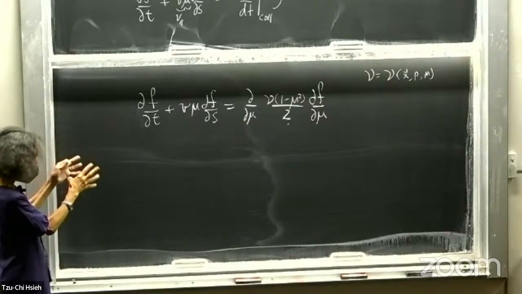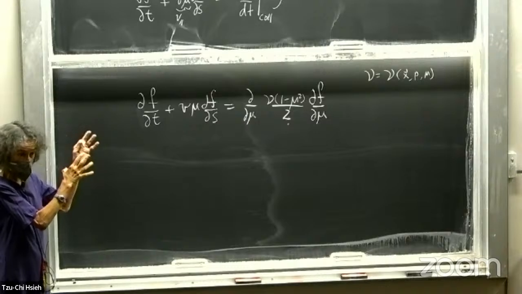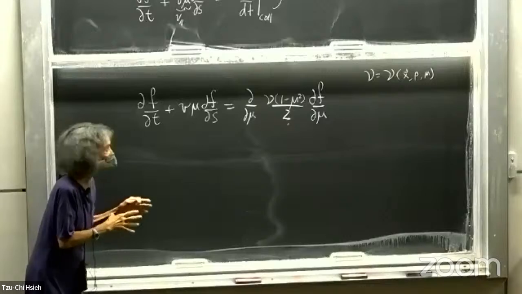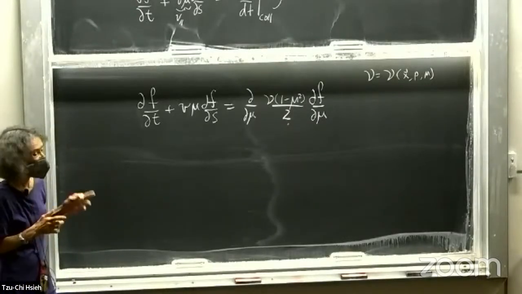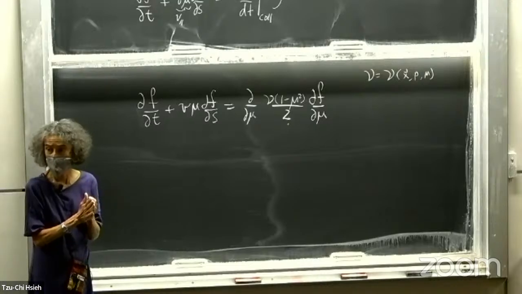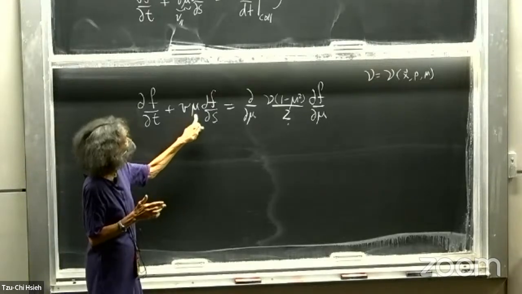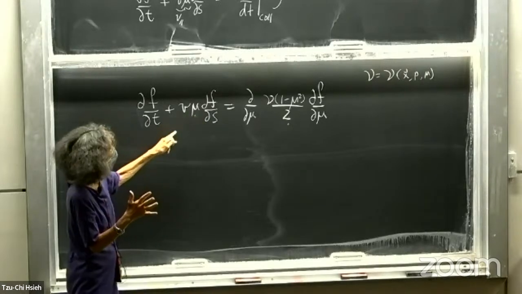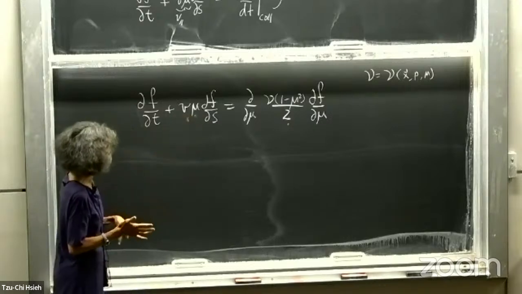Because it's going to simplify the derivations that I do. It is not necessary, but since we're focused here on getting a parallel pressure gradient, I'm just doing it for simplicity. Mu is the cosine of the angle between the magnetic field and the particle, so this is just V in the S direction, the parallel direction.